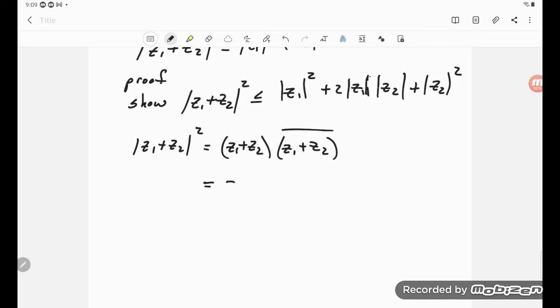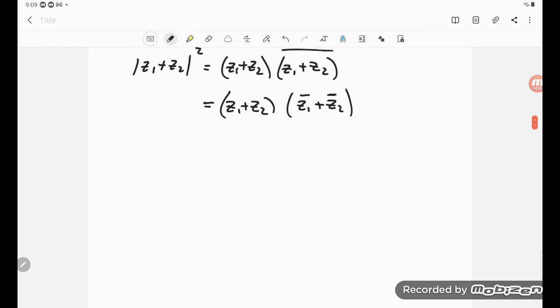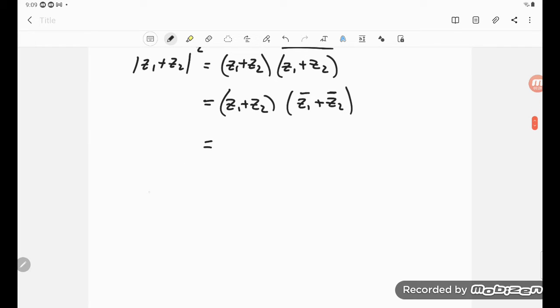But that is just Z1 plus Z2 times Z1 conjugate plus Z2 conjugate. So you see, this is where life's getting much better.